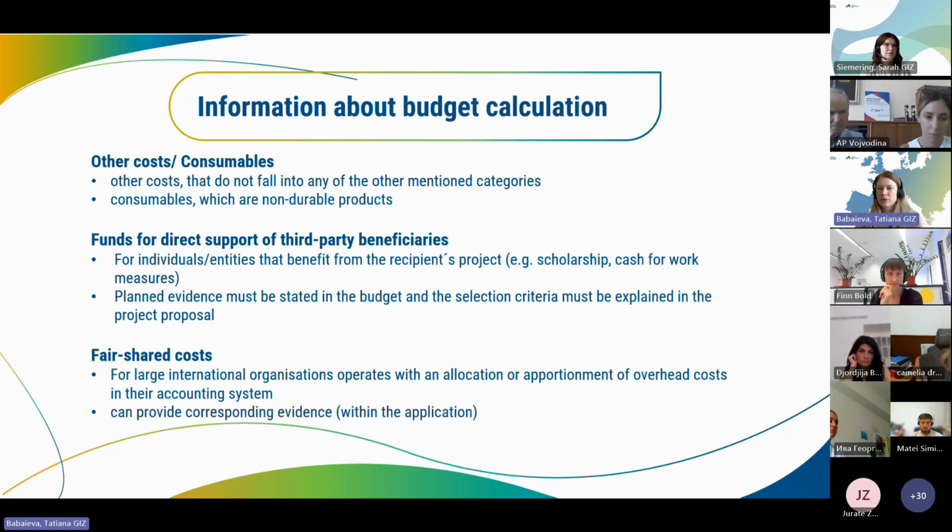The provision of evidence must be agreed upon and stated in the budget, and the selection criteria must be explained in the project proposal. Planned costs in this category must be discussed very carefully with your financial advisor at EUKI.